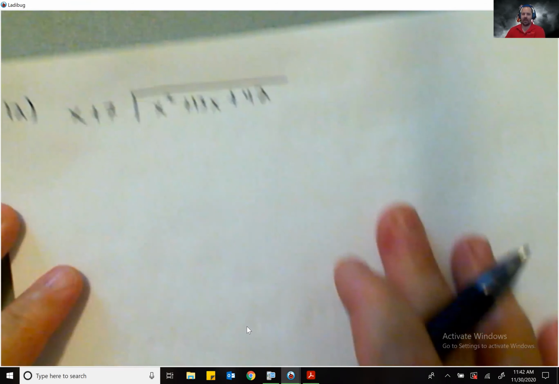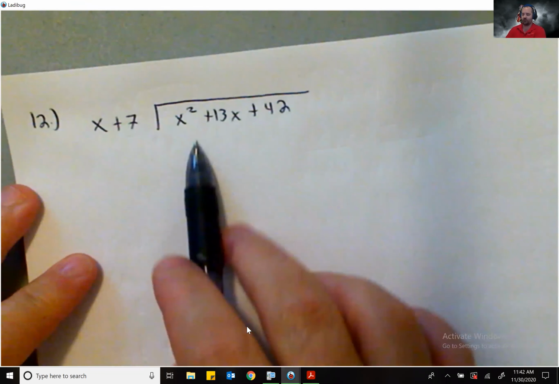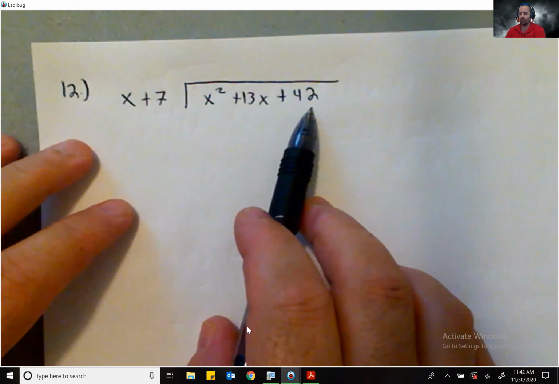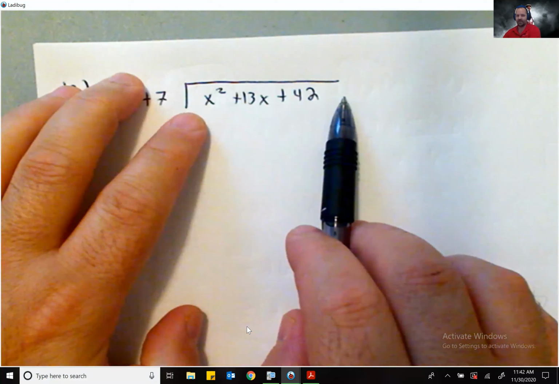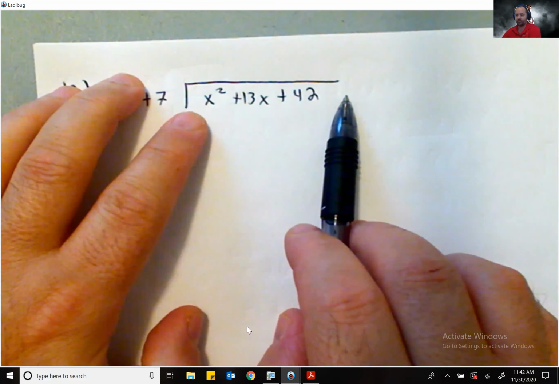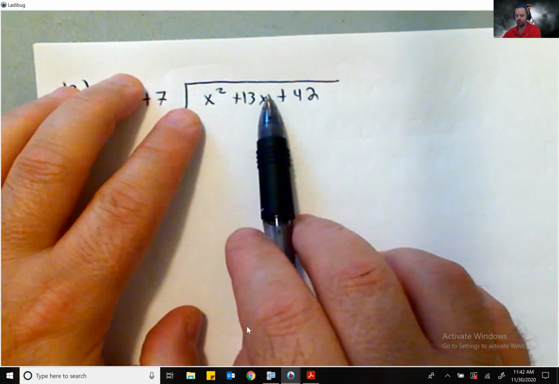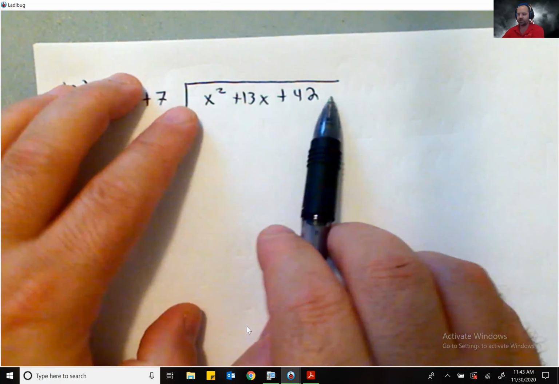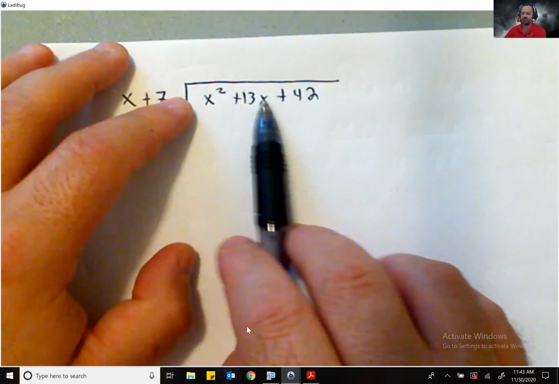I went ahead and put it in the long division format. Just a couple reminders for you. Remember, with long division, everything under the radical should be in standard form, meaning from the highest power on down. So 2, 1, 0. And you should make sure that every term is there.